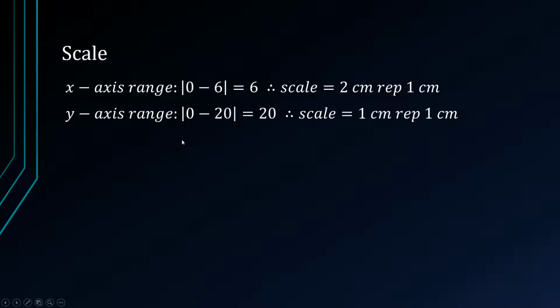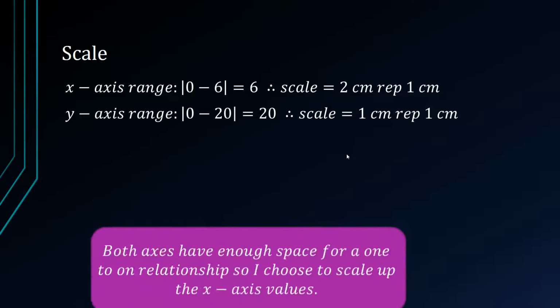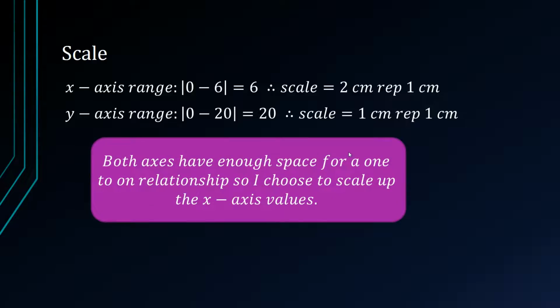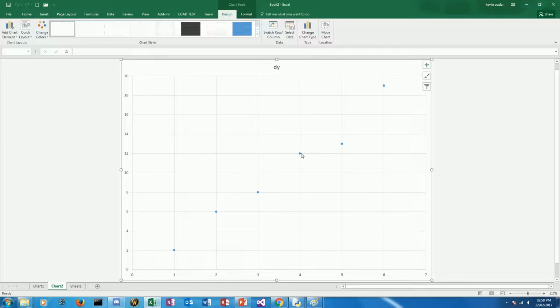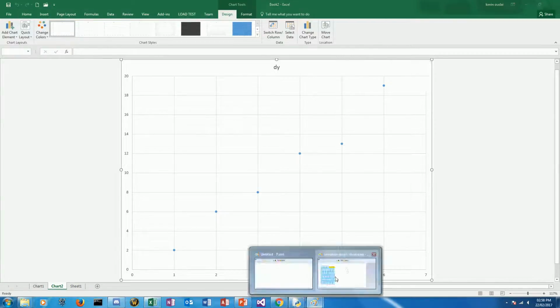And on the y-axis range, I have 0 to 20 here, so we have that being a 1-to-1 relationship, because I only have approximately 23 or 24 centimeters on the y-axis scale. So both axes, as I said already, have enough space, so I ended up scaling up the x-axis values and leaving the y-axis values as they are. The information I have here is done, and then all I need to do is start plotting my graph.